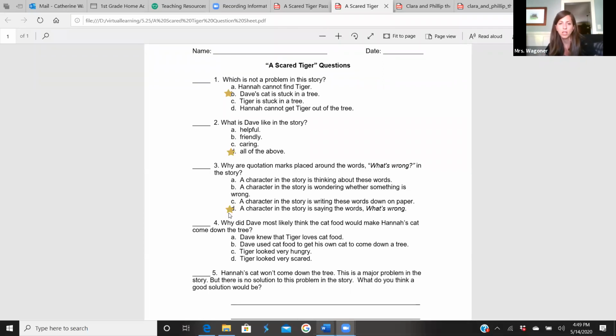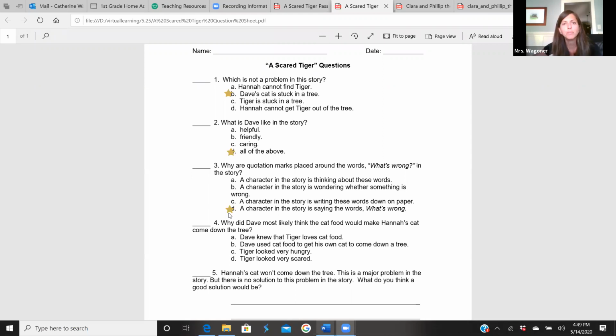Number 4. Why did Dave most likely think the cat food would make Hannah's cat come down the tree? Okay, Dave knew that Tiger loves cat food. Yeah, that would make sense. Dave used cat food to get his own cat down from a tree. Tiger looked very hungry, or Tiger looked very scared.